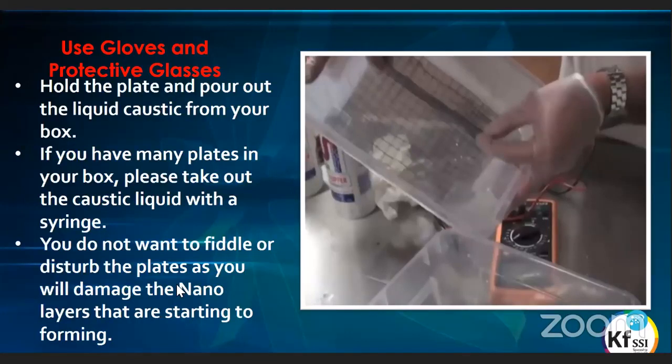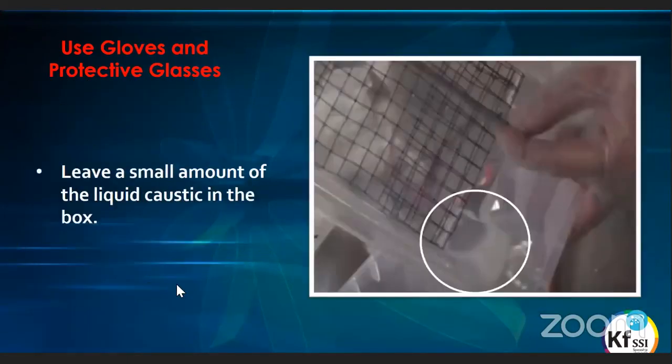If you have many plates that you are trying to nano layer, then one has to try and remove that caustic with a syringe, because you don't want to disturb or fiddle with those plates, as you'll start to damage any of the nano layers which might be starting to form. And then one must always leave a small amount of the liquid caustic in the box. So you don't pour everything out, just leave that small amount that will sit at the bottom of the box.